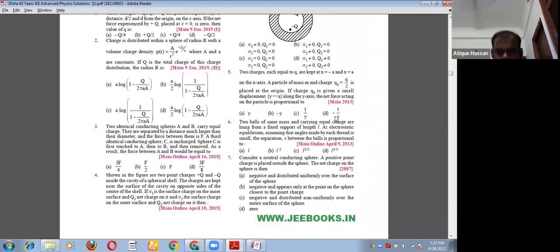Okay, moving to the next question. JEE question number 5. Go through question number 5. Very important question for both JEE and NEET.